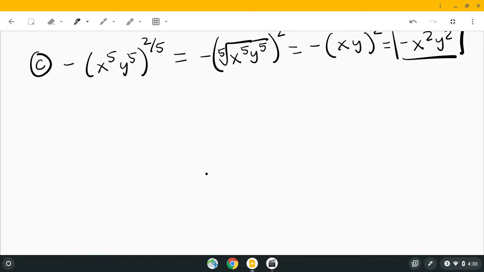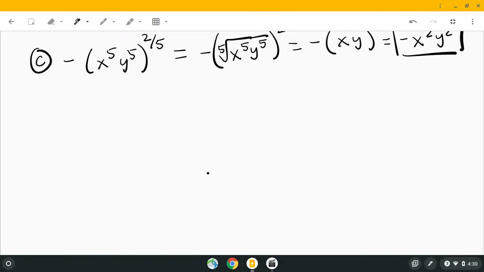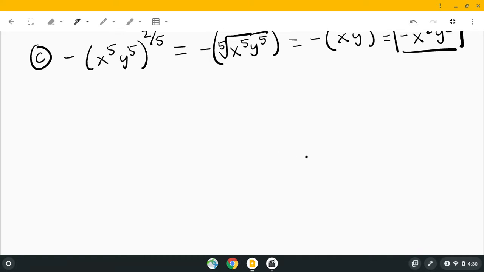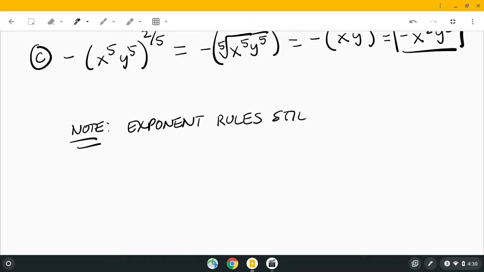Just a little note about your rules of exponents. They still apply. Exponent rules still apply. If you are multiplying like bases, you add the exponents.